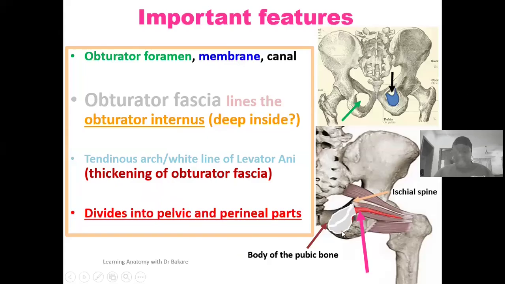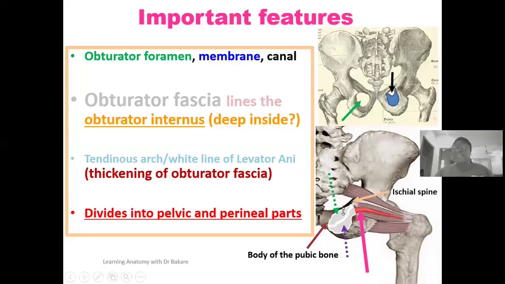Remember when we started this lecture, we said that the obturator internus muscle has a pelvic region and also the gluteal region. The pelvic region is then further subdivided into the pelvic part, arrowed here in dotted green, and a lower part, arrowed here in purple, referred to as the perineal part.